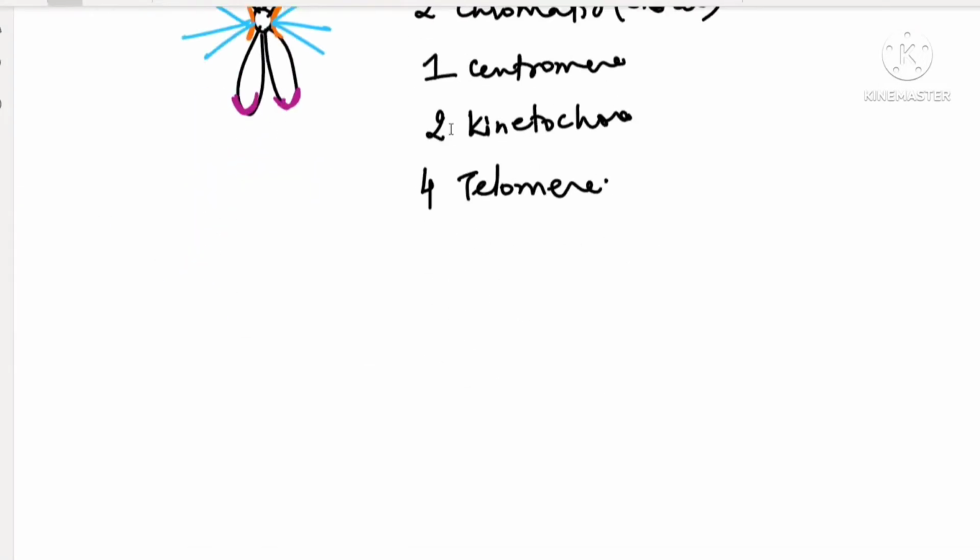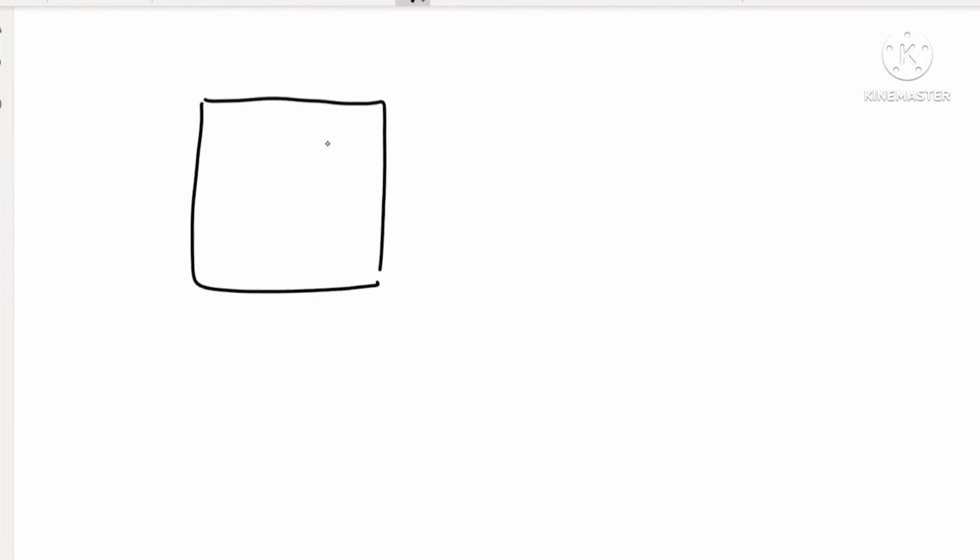Now let us see. This is your cell. The nuclear membrane was disappearing and the chromosomes were appearing this way. I'll take a cell with two chromosomes. Your centrioles have moved to the opposite pole.